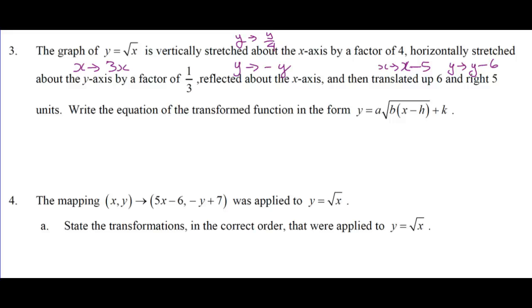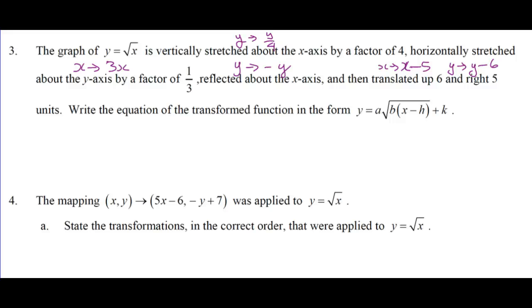But two different things: if b has a value other than 1, there's a stretch, and if b is just -1, then that's just a reflection. And if it's like -2, then there's a stretch and a reflection. Okay, so we just got to keep that in mind. All right, and we're supposed to write the equation of the transformed function in that form.